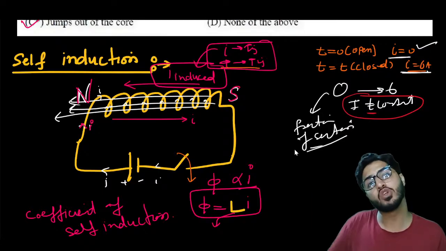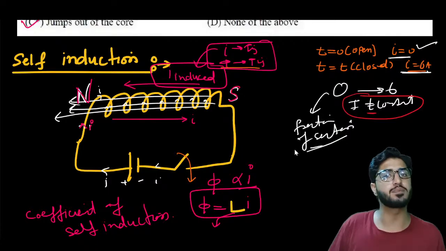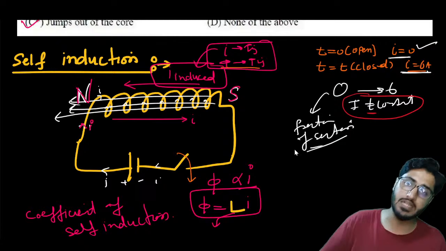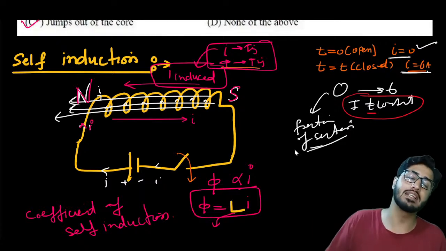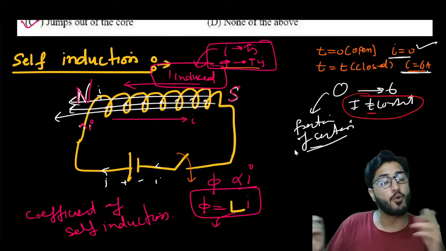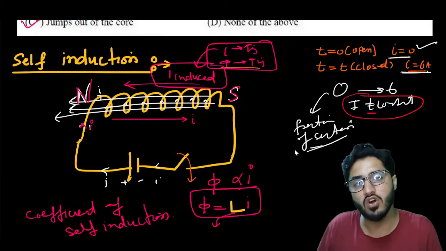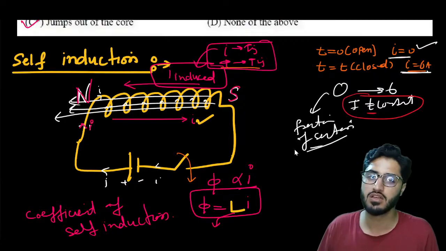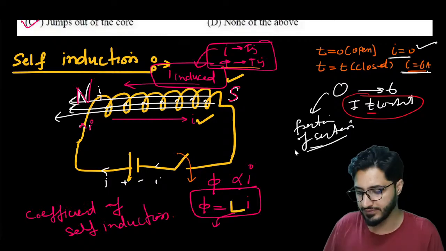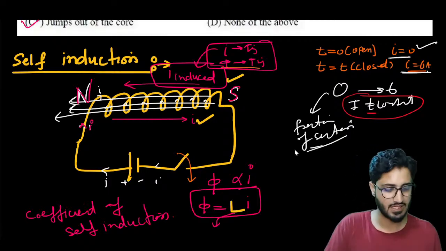And if there is an induced EMF, there will be a current also. But the direction of current will be in that particular direction such that it opposes its cause. What is the cause? Sir, the cause is this current. That's why it is opposite to it. Done?